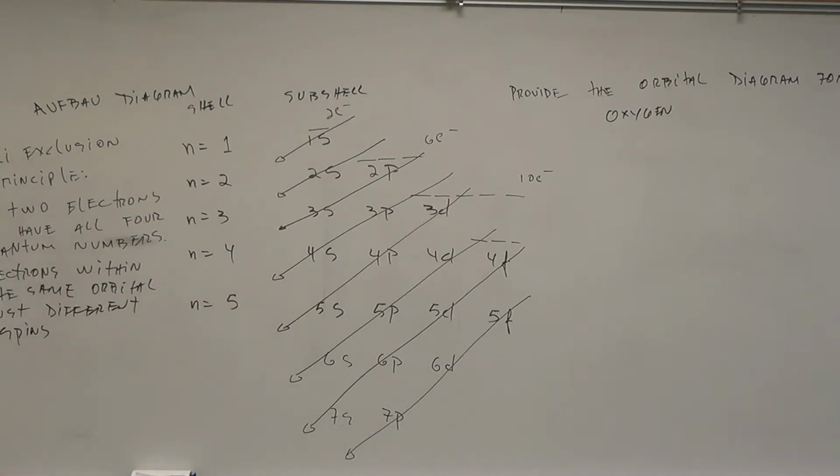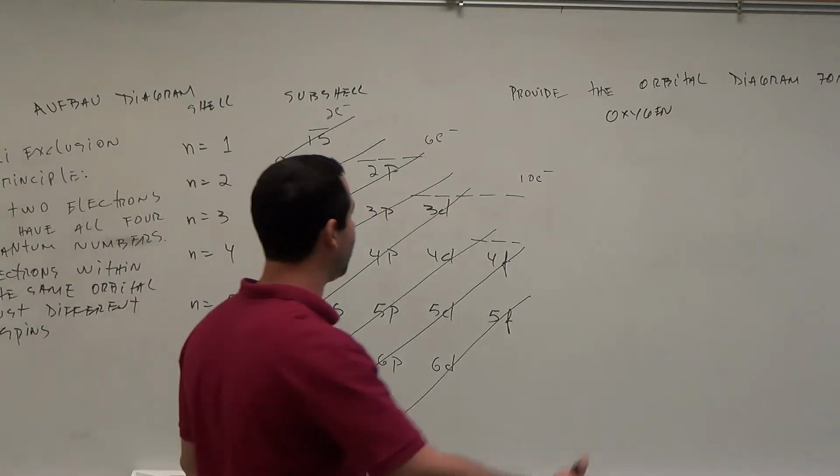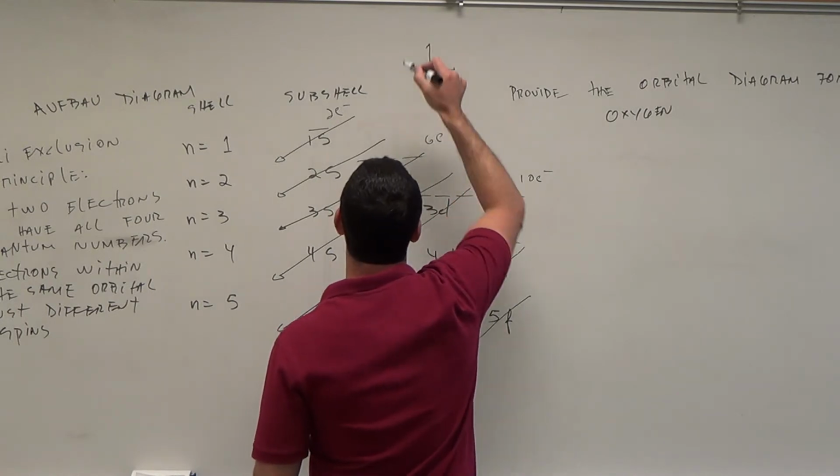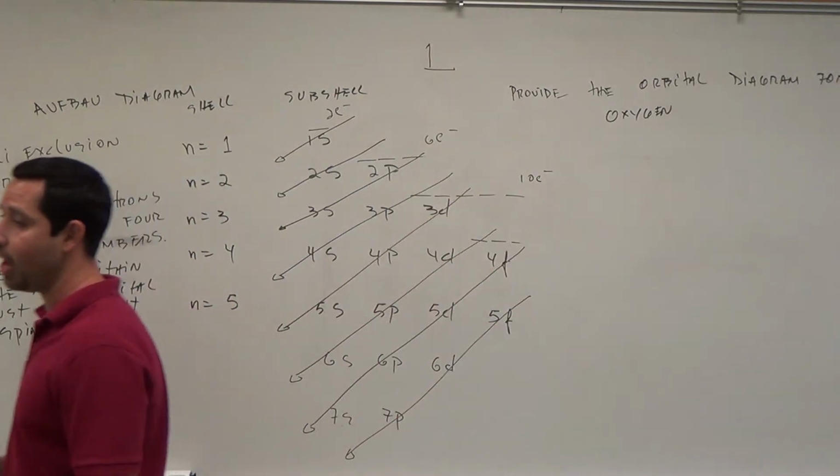How many electrons can you place in one orbital? Two electrons, okay? So those two electrons that you place in that one orbital, one has to be spinning one way while the other one is spinning the other way. Now it doesn't matter what way they are spinning, but if you are drawing it like this, an electron is an arrow with half of the head.